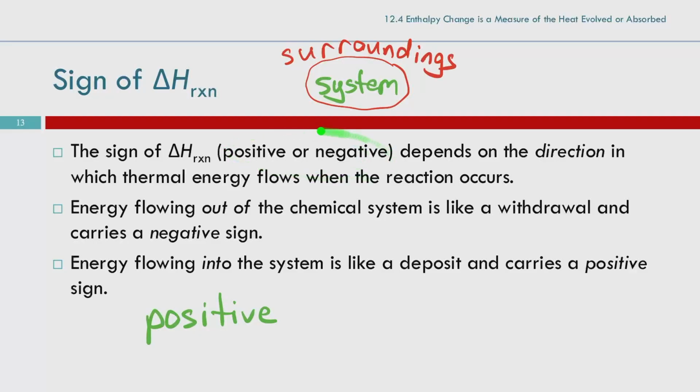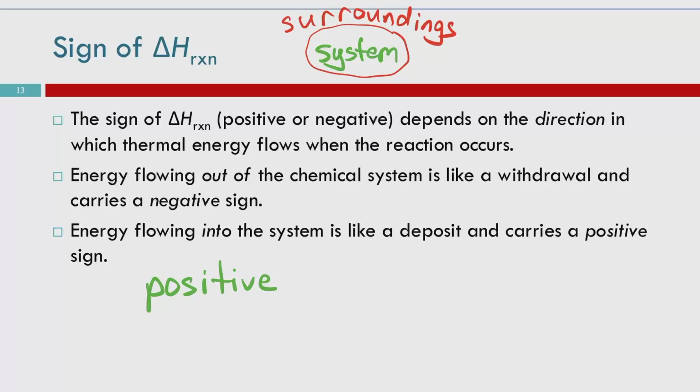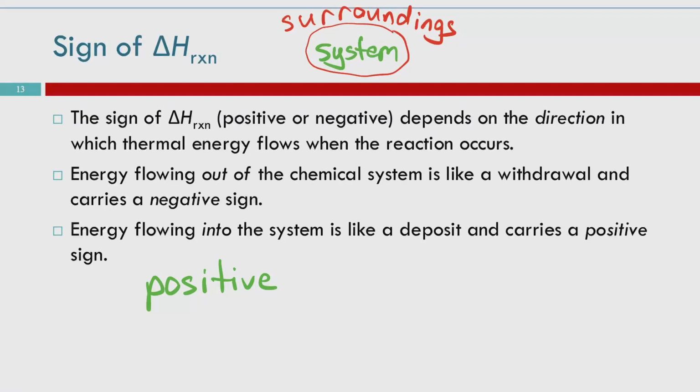So this positive or negative is with respect to the system. And the analogy here is like money, like on your bank account. Your bank account being the system.